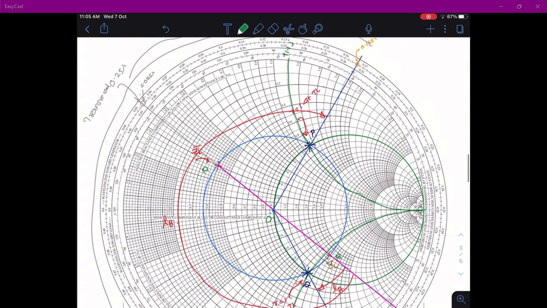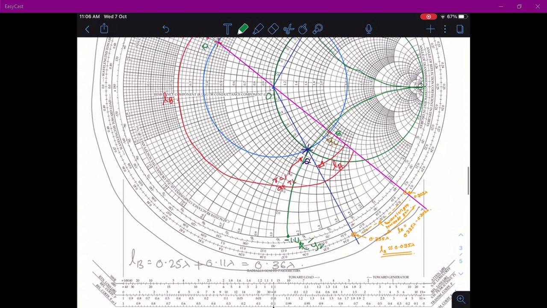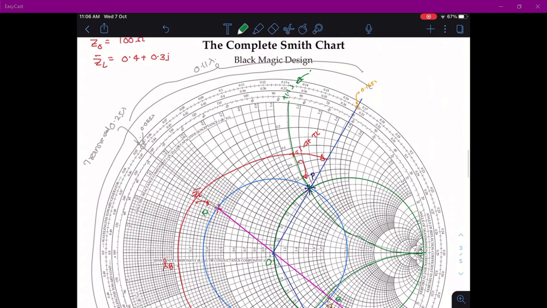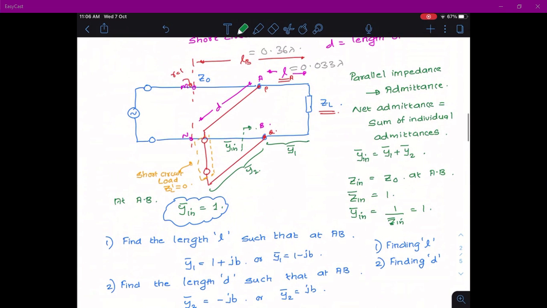So that is your admittance Y2, or the admittance of the stub. So if you look at the Smith chart, the points P and Q are on the transmission line.